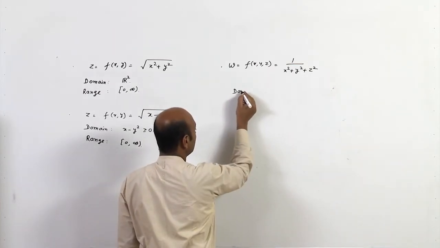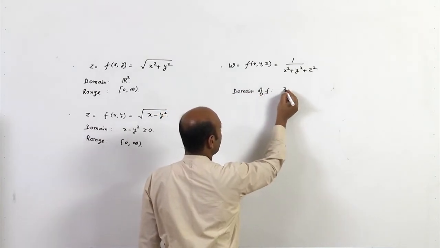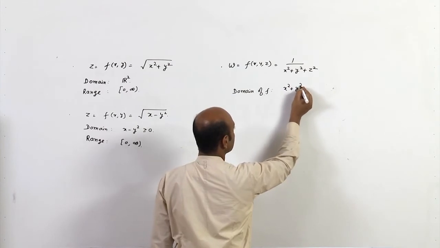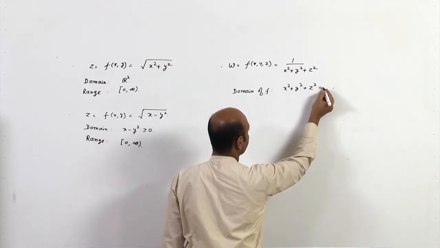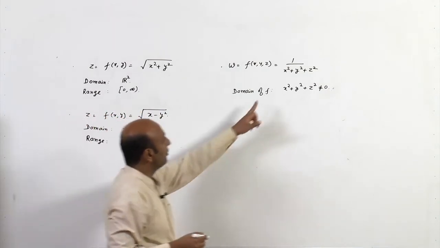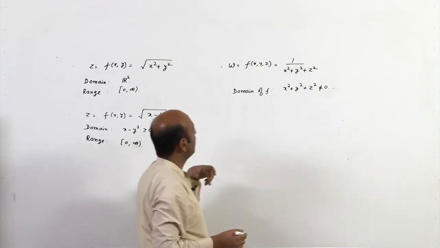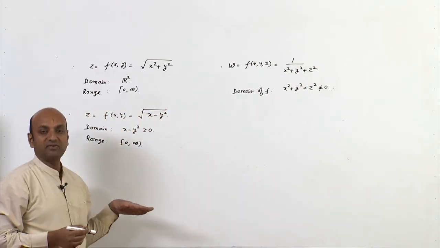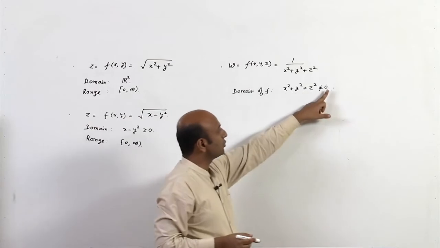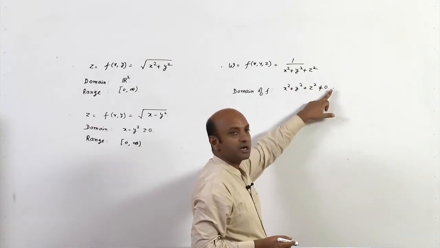For the domain of this f, x squared plus y squared plus z squared should not equal 0, because if the denominator is 0, this function will not be defined. So, the domain of the function are all those (x, y, z) such that the denominator is not equal to 0, and this is 0 only when x, y, z all are 0.